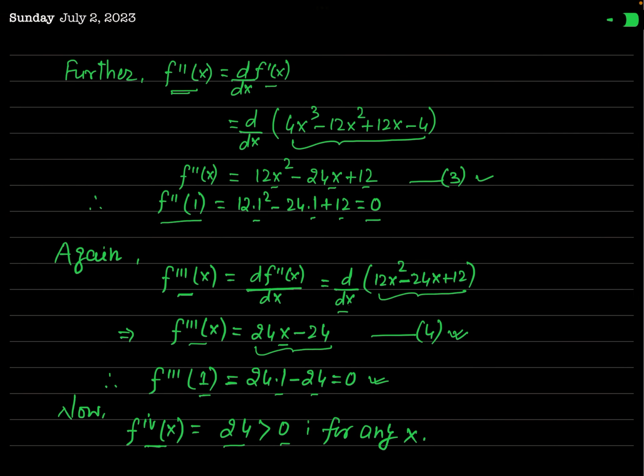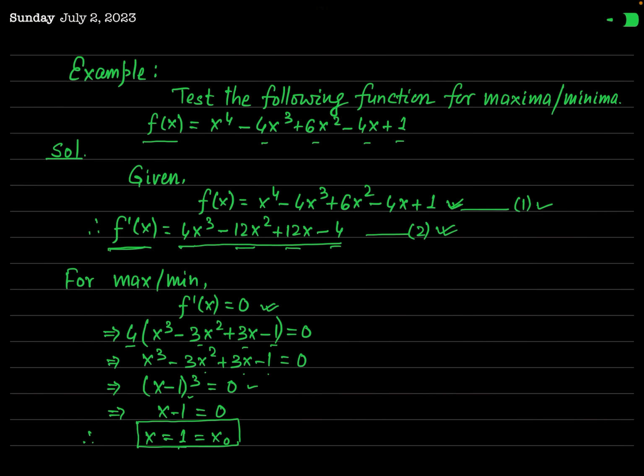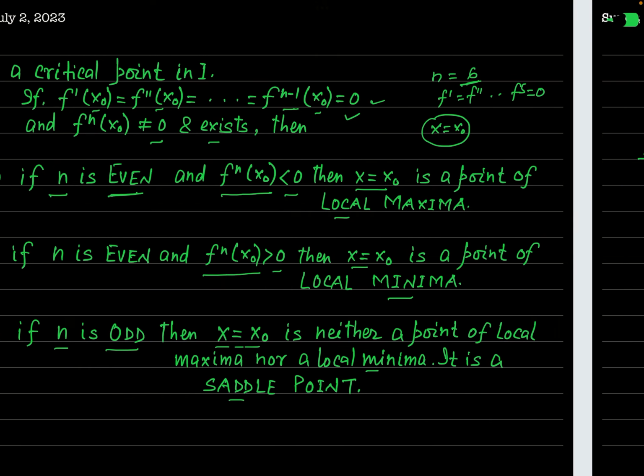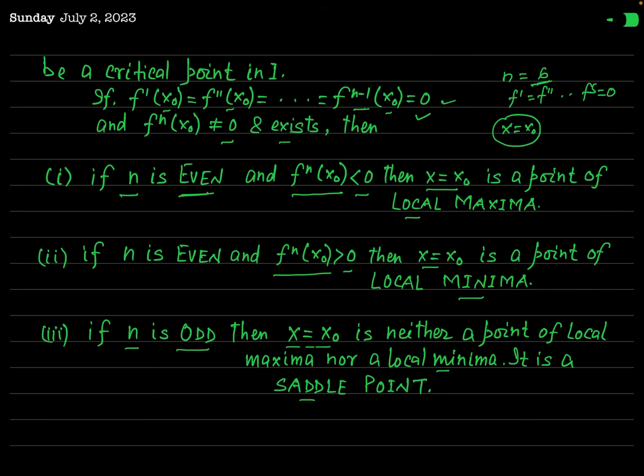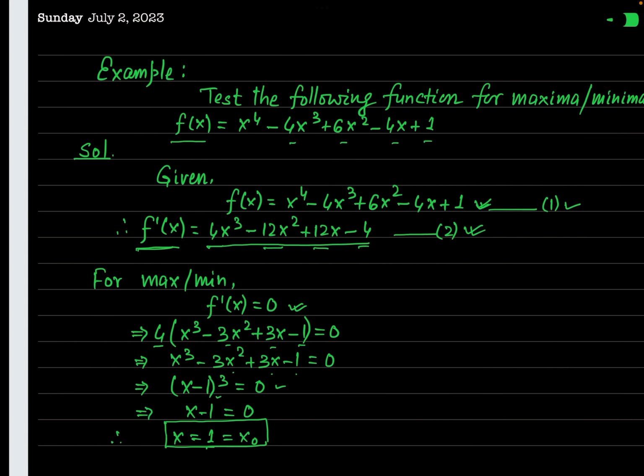And you have just learnt in the rule that when f n at x equal to x naught is positive and n is even, then the point x equal to x naught corresponds to a local minima.